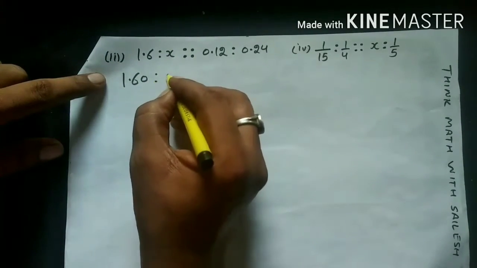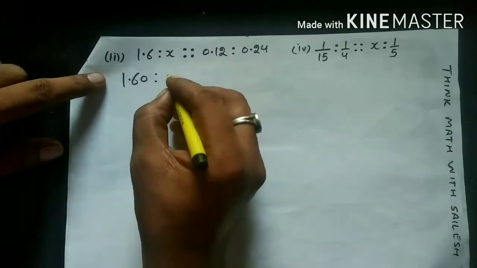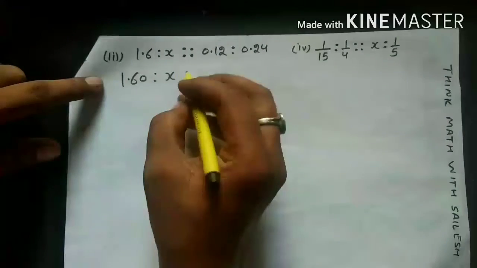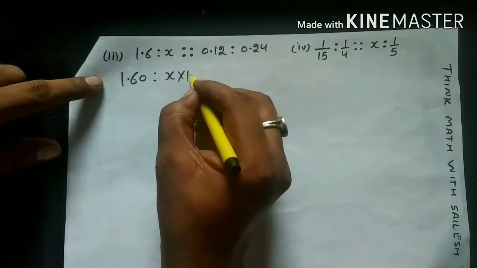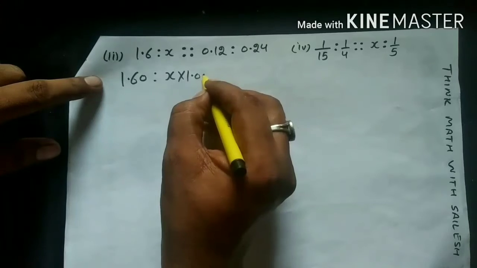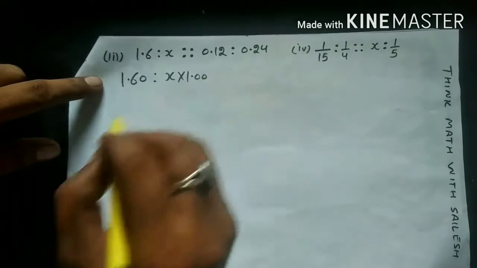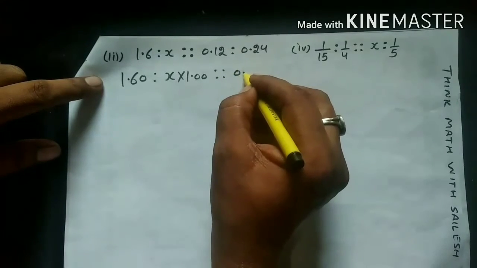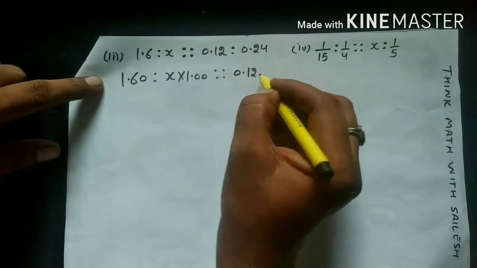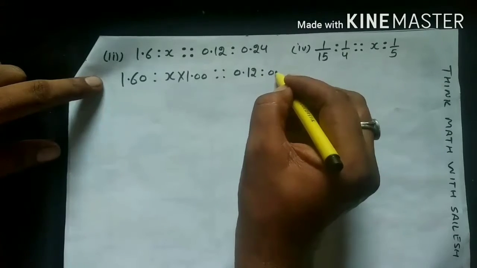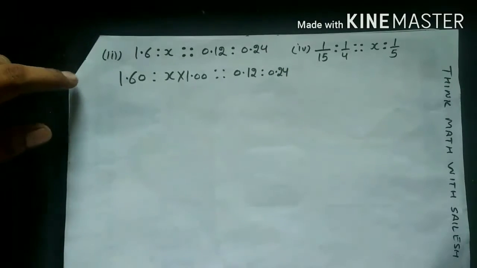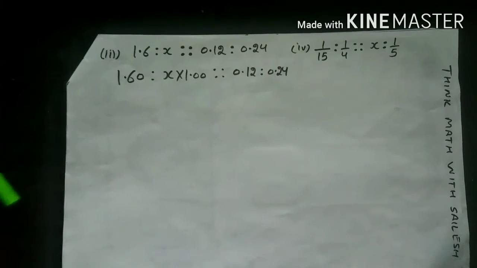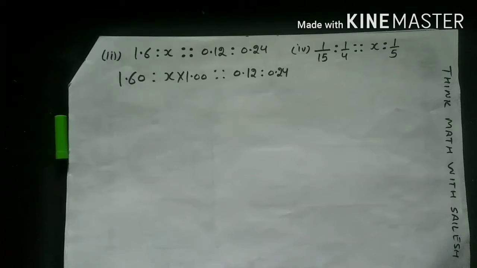Also, I will multiply this 1.00. Then this is 0.12 ratio 0.24. Now you can see why I have done this, to make each and every term like decimal.